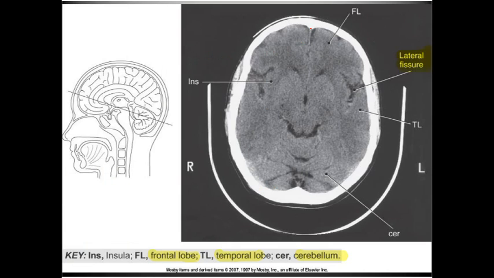Okay, going back to this area, we have falx cerebri, third ventricle, lateral horns, or frontal horns of the lateral ventricle. This is cisterna magna. This is going to be cerebellum.